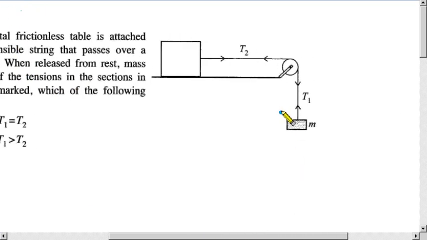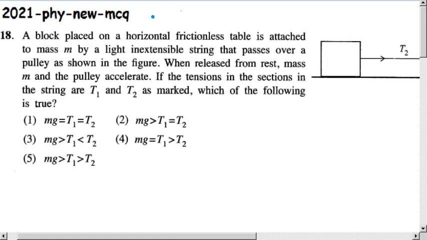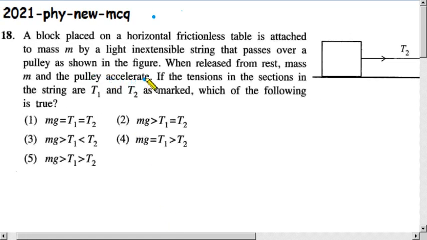So like this, simply M is attached using a string which is going over the pulley. When released from rest, mass M and the pulley accelerate. If the tensions in the sections of the string are T1 and T2 as marked, which of the following is true?